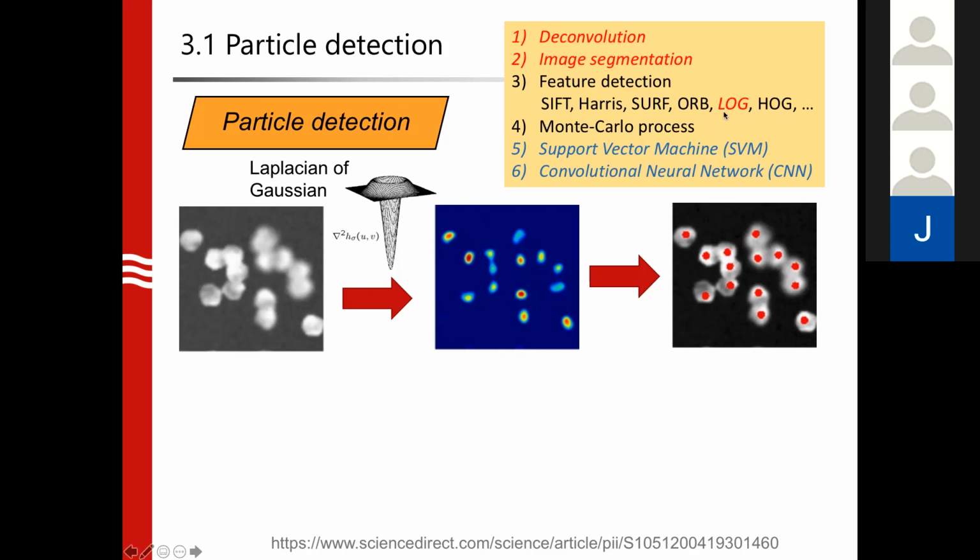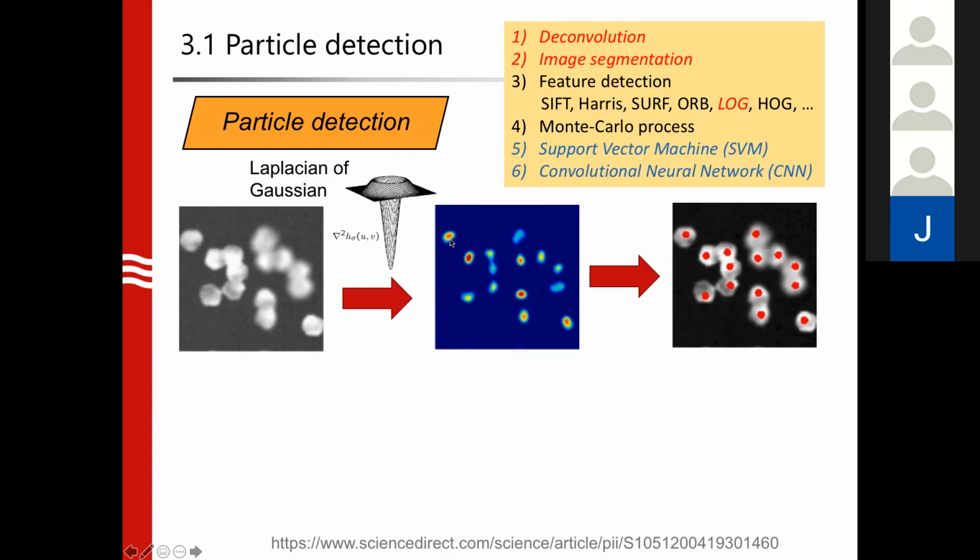The first one is the Laplacian of Gaussian, which is what LOG means. The Laplacian of Gaussian is just one function. It's not quite a Gaussian; it's a Gaussian minus a delta function, so you can imagine it looks like a hat but upside down. If you apply this Laplacian of Gaussian filter to your original images by convolution, you get a peak in the middle.